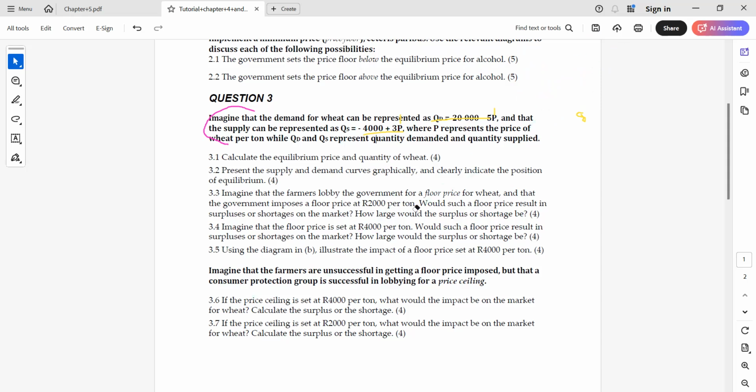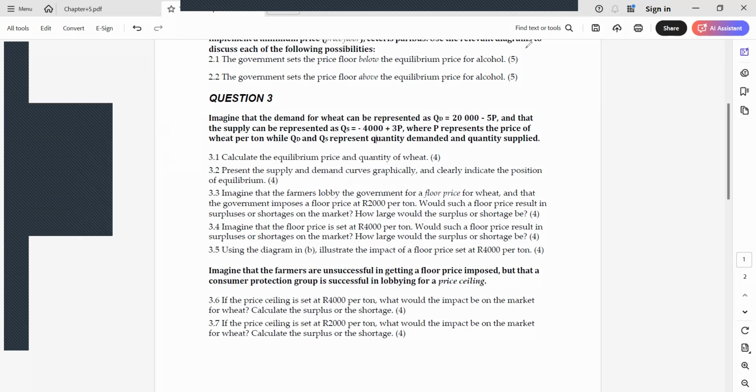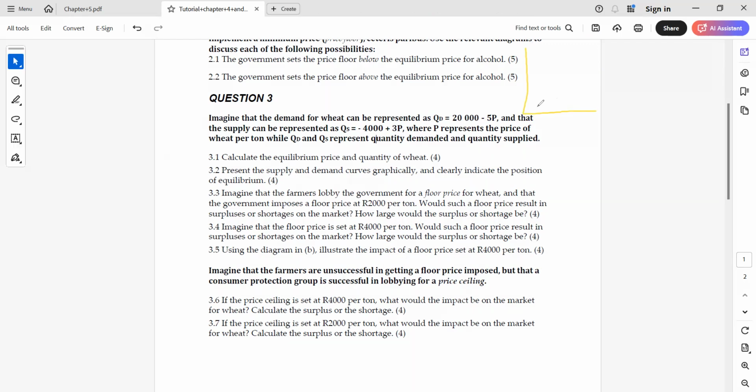They're saying, using the diagram in B, illustrate the impact of a floor price set at 4,000 per ton. So at a floor price set at 4, okay, let me just write this again. So this is my supply, this is my demand, and then this is the price, and this is the quantity.